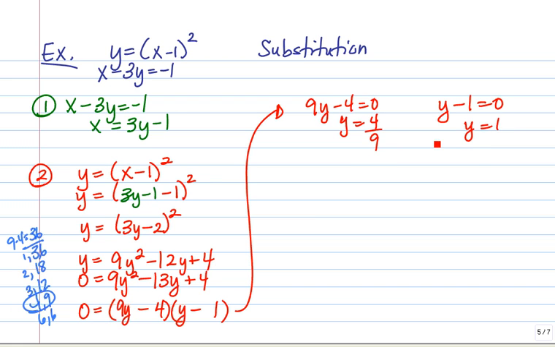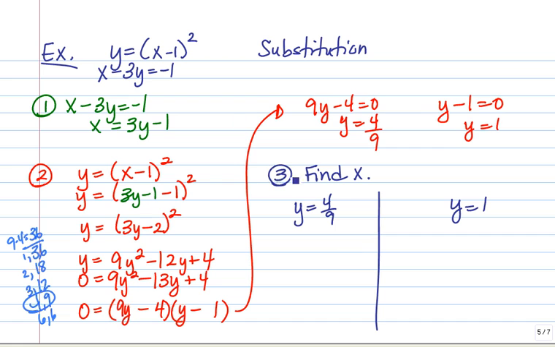I've got two solutions for y, so I've got to find two solutions for x, or however many solutions for x. I have to find a corresponding value of x for each y value. So to find x now is my third step. So I've got two conditions. I've got when y is 4 ninths and when y is 1.